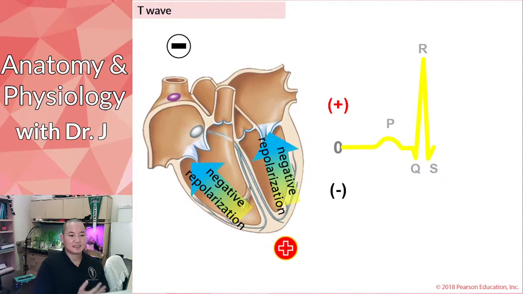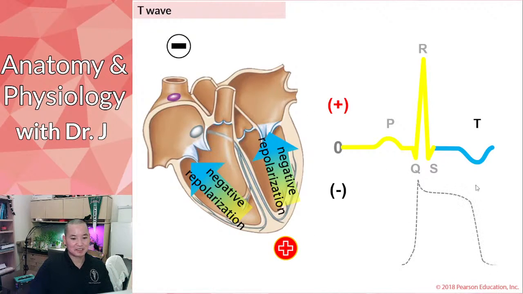backtracking. So if it was going the same direction, it would end up going like this. If this repolarization was occurring in this direction, from base to apex, it would look like this. But it's also going in the opposite direction, right? So it's kind of like a double negative.